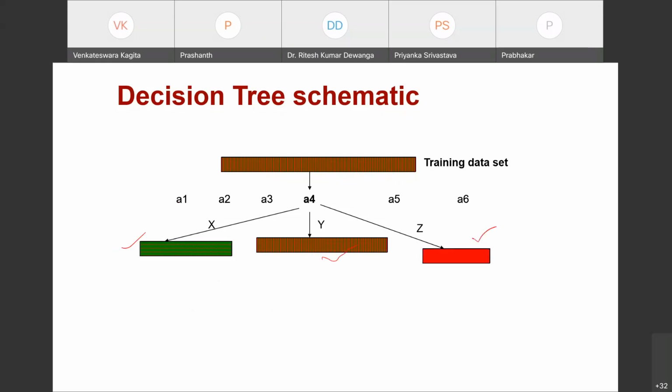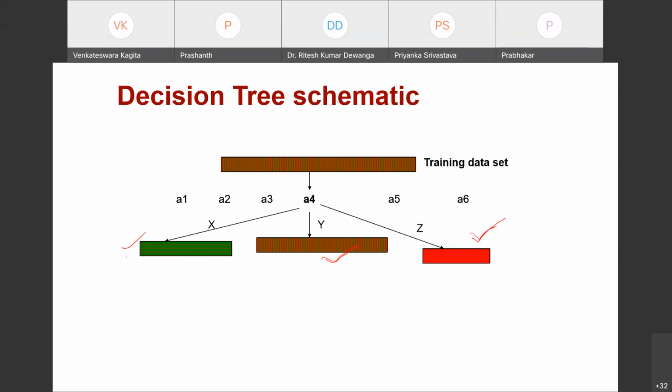Okay. So if you select one attribute, that attribute can take a number of possible values. Let's say it is 3: X, Y, Z. Suppose the target value is to predict the color of an object.